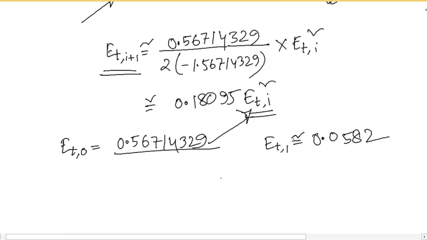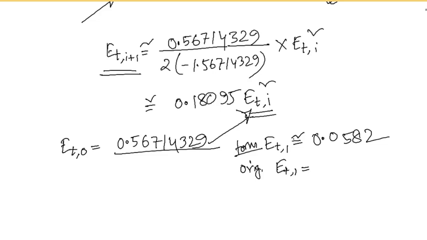Whereas if you calculate it using the original formula, E_t1 equals the true root minus 0.5. That will be close to the original solution.